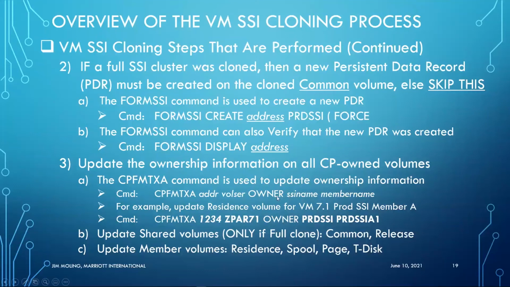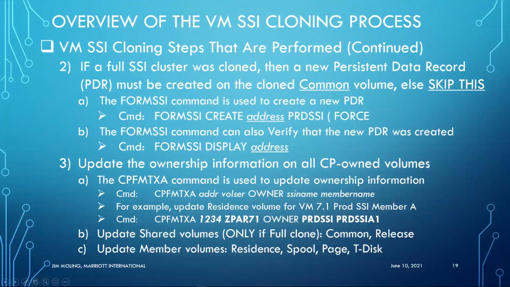It has these owner fields for the SSI name and the member name. I'm showing the example where both of those are used, which is a residence volume. And I can see by looking at this volume here that this is a z/VM production member A sysres volume that's VM 7.1.